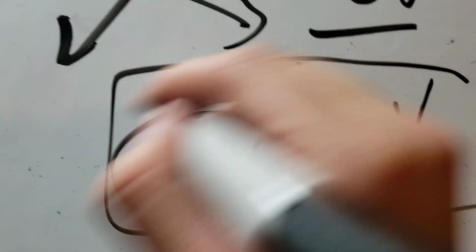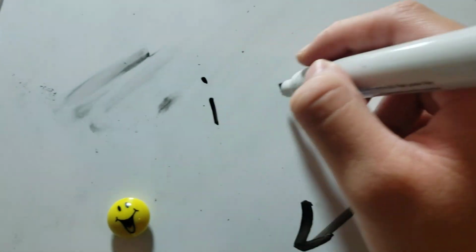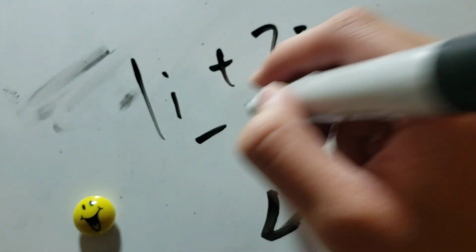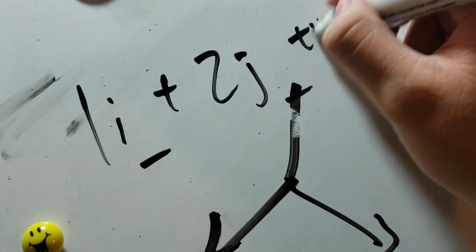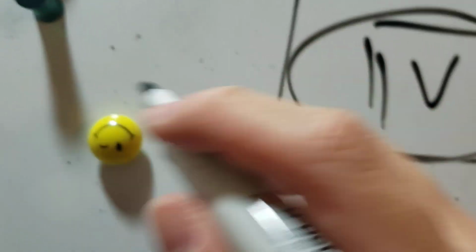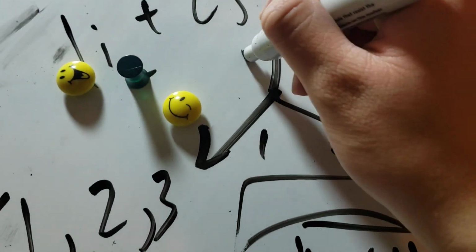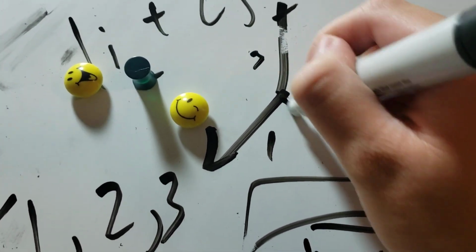So the magnitude, if I were to put, let's do 1i plus 2j, and then plus 3k, which is the same thing as the vector 1, 2, 3, where x is over here, 1 over here, 2 over here, and 3 over here.